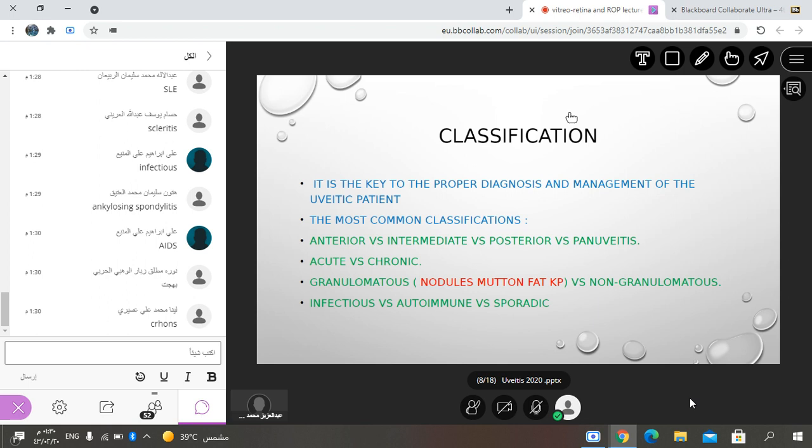Okay, features of Behçet. Noura, what are the features of Behçet disease? Oral ulcer. What else? What is the typical scenario that the patient will present with? Recurrent ulcer.